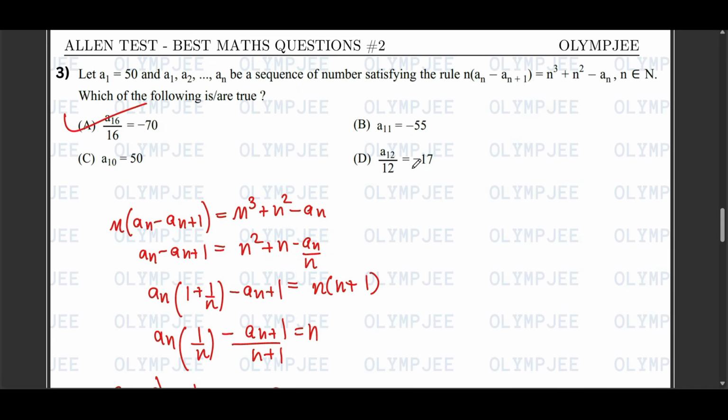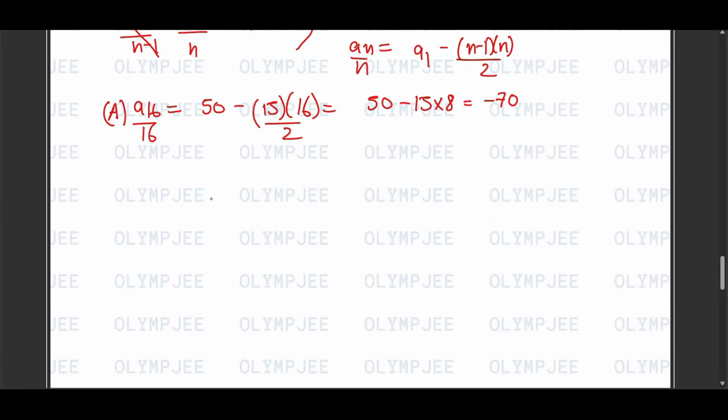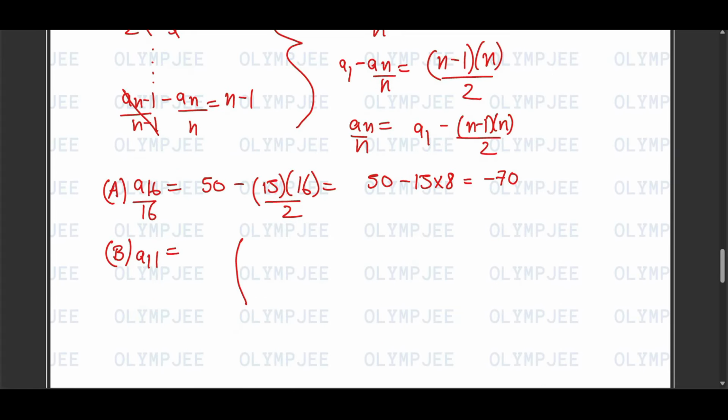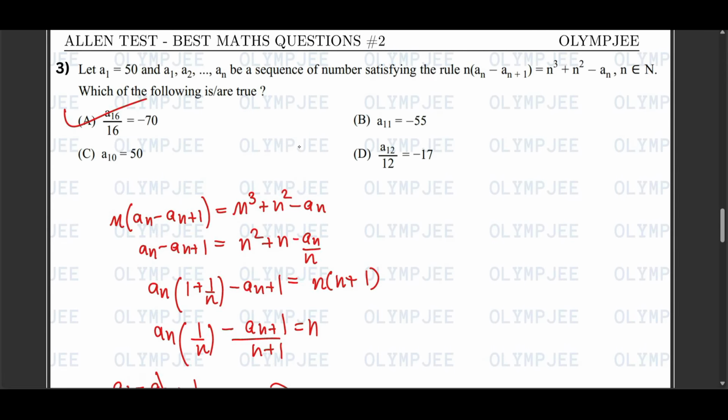Option B says that a11 is equal to minus 55. So a11 will be equal to, so this is minus 5, so this will be minus 55. So B is also correct.